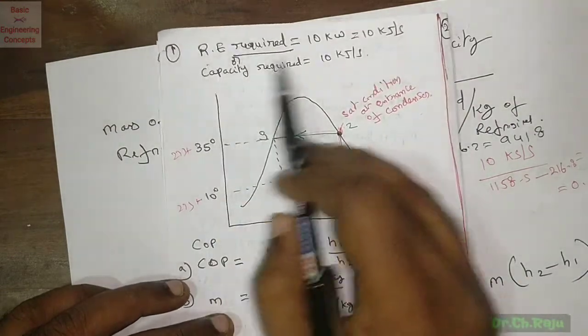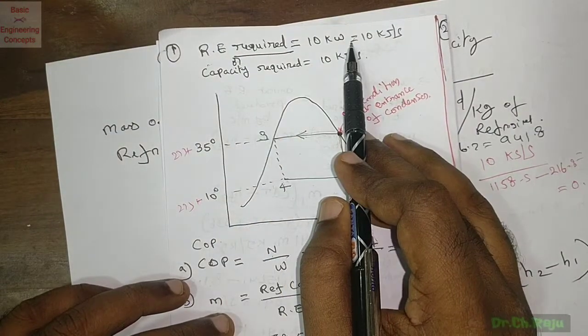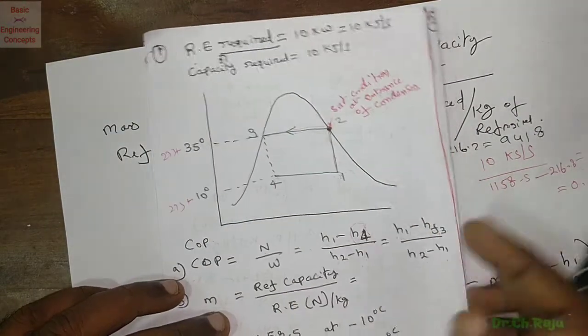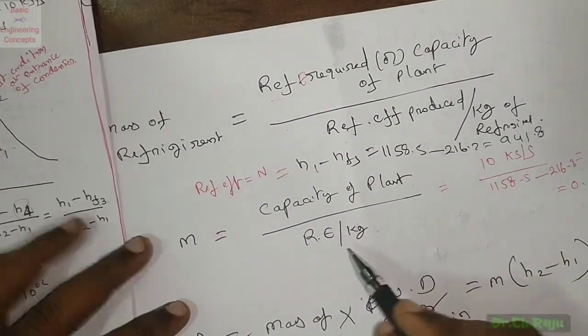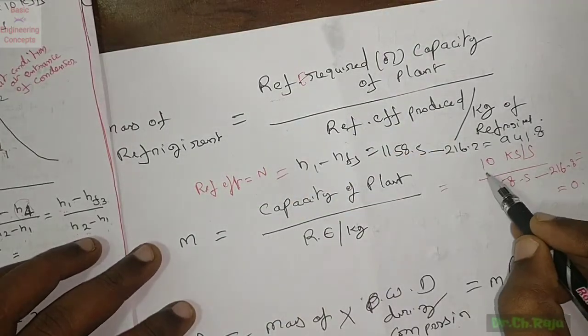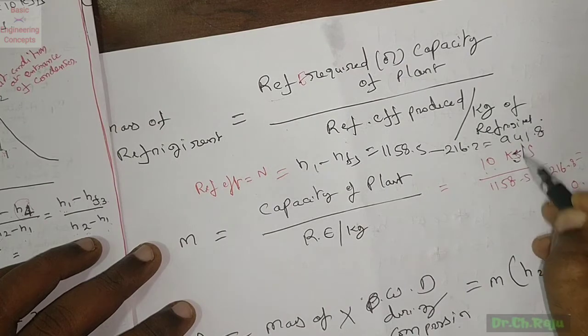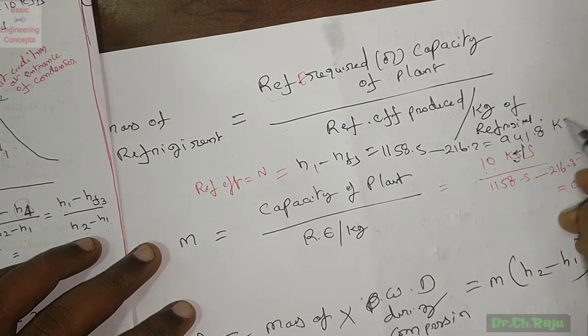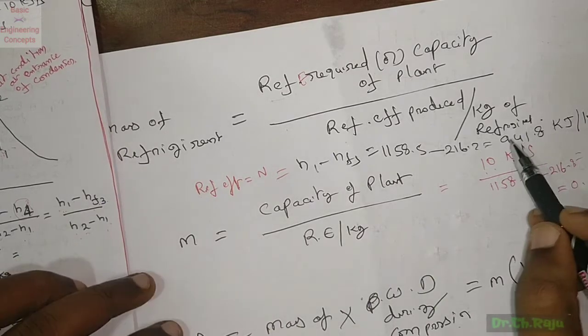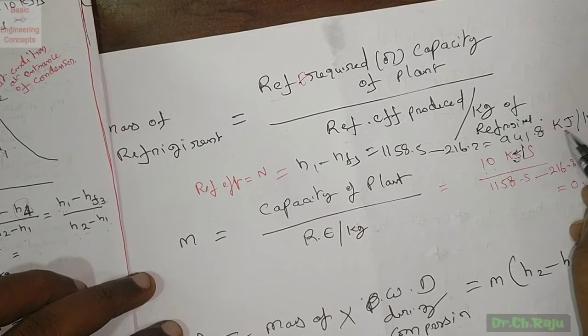So the refrigeration required is 10 kilojoules per second, as it is the capacity. The refrigerating effect produced is in kilojoules per kg.